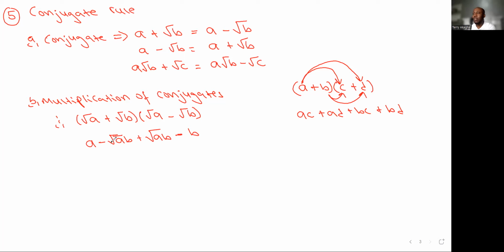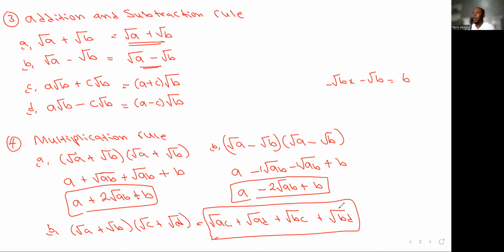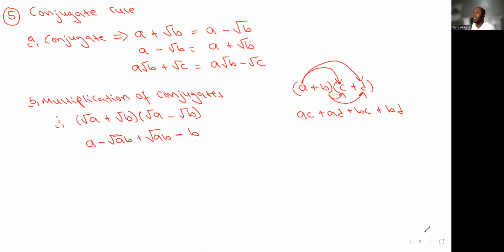Now you can see, remember I told you in the law that when you're adding terms that have the same root, you add the numbers outside. Now, if you look at this one, we have minus root AB plus root AB. Like I told you, we have 1 in front of it.